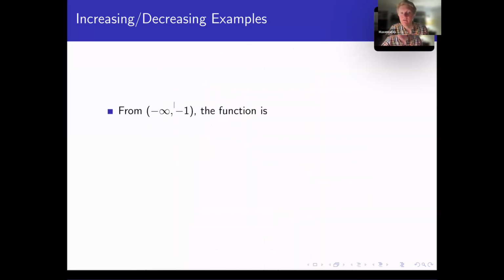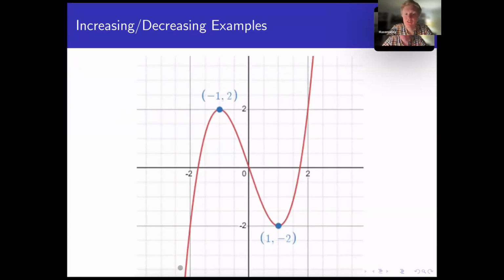So we say from -infinity to -1, again, these are x values, not y values. I don't care what the y values are. I only care on what interval of x's your function is increasing. So on this first interval, again, I don't care how high it increased. I don't care what it got up to. I just care that on this subset of x's, the y values went up.